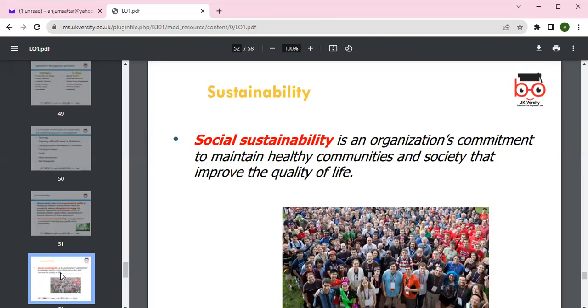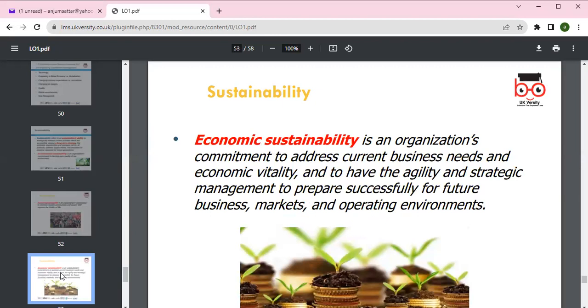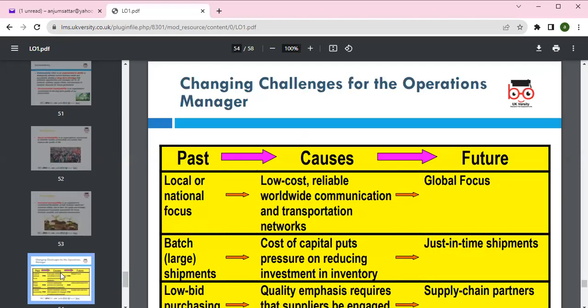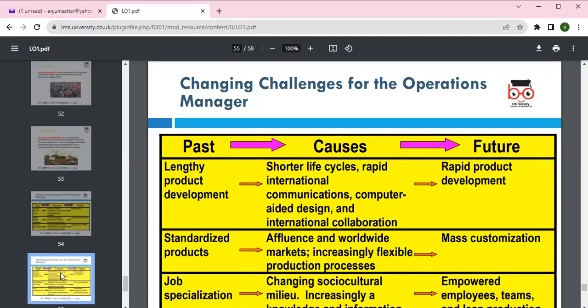Sustainability in our organization includes commitment, healthy community, society at large, and CSR, corporate social responsibility. Economically, we must earn profit, reduce waste, and consider past costs and the future of the factory. We can look at local and national focus, low cost, and global reach, and then managing the key challenges we have in operations, past, and future.